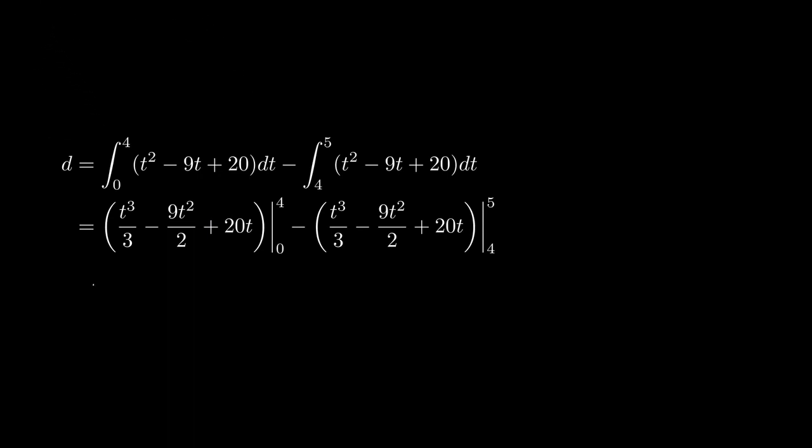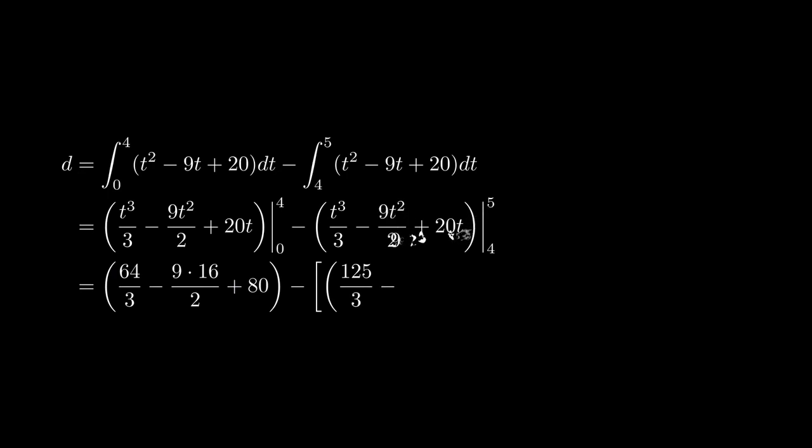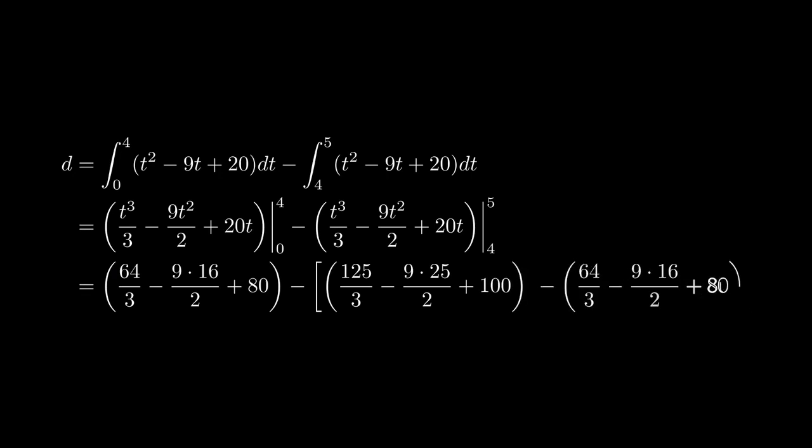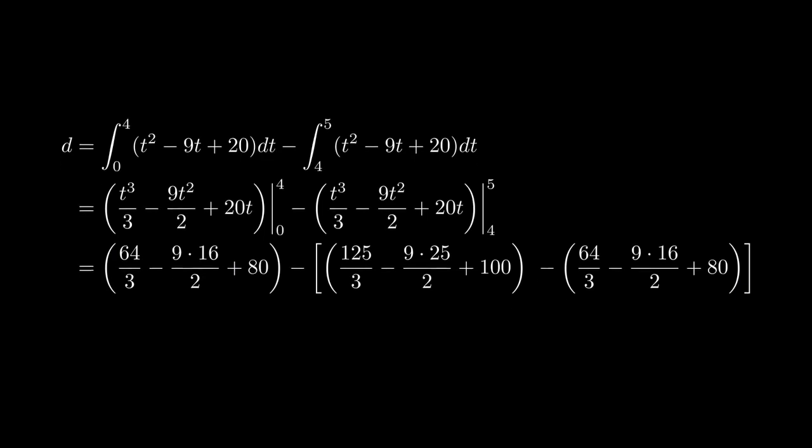Okay, in the first one, we put 4 in. That's what we get. 0 is nothing because there's t's all there. The second piece we evaluate at 5, and then at 4, which we've already done, so we can just repeat that. Okay.